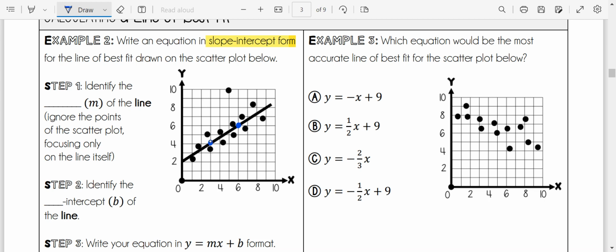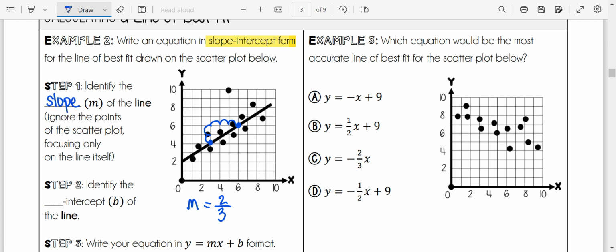So all I'm going to do is count how far up it goes. 1, 2. And then how far over? 1, 2, 3. So that would be our slope, 2/3. So we've just identified our slope from the line, which is our first step.